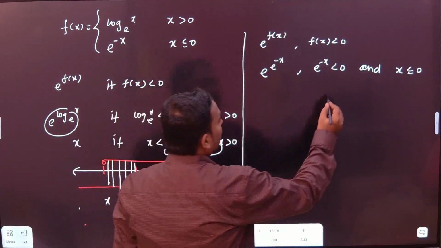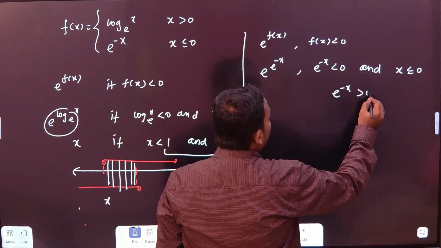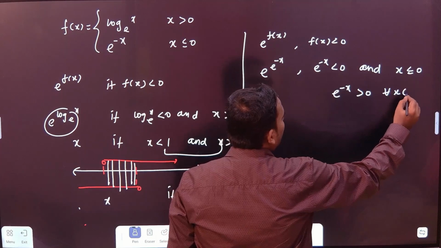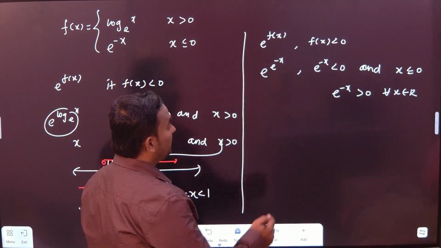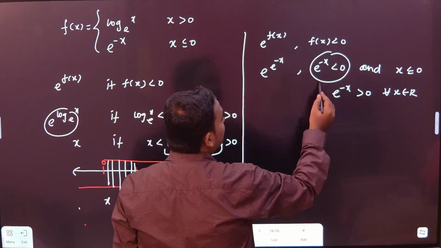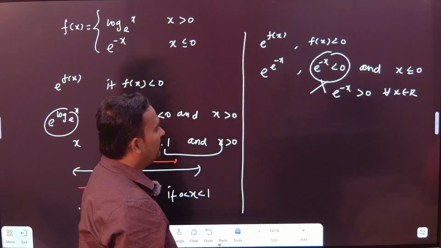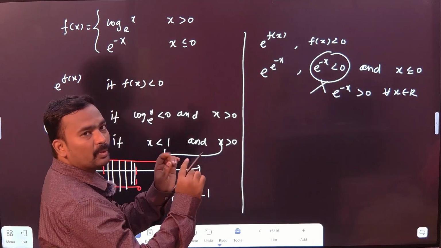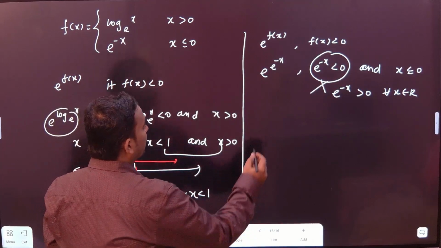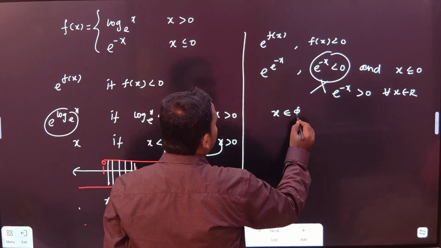We know that e power minus x is always greater than 0 for all x belonging to real numbers. Therefore this is not possible, because e power minus x less than 0 is not defined. Therefore x belongs to the empty set.